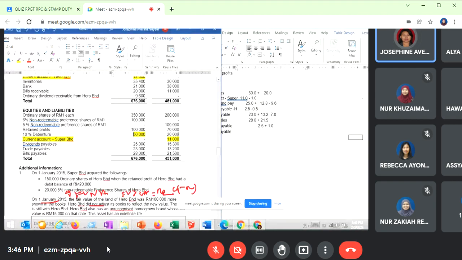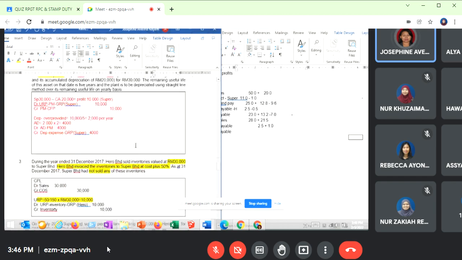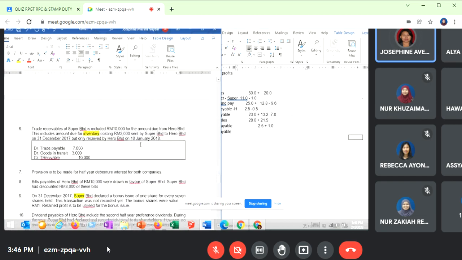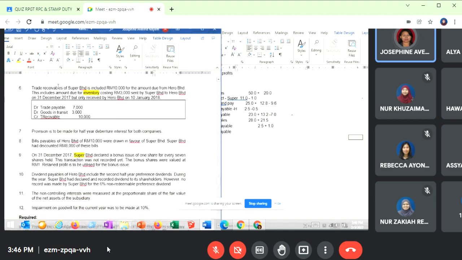And for the subsidiary, debenture is 20, and they both have the same interest rate, 10%. Both parties have not provided for the half year, only half year, not full year. So that is your accrual.